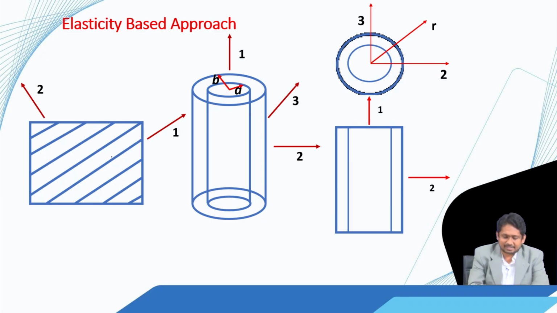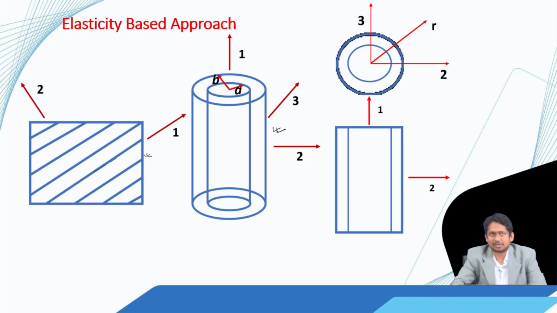Again, let us say that this is our composite ply, and this ply has fibers oriented in a certain direction, and from this we can take an RVE which looks like this. This RVE under study consists of two concentric cylindrical domains.